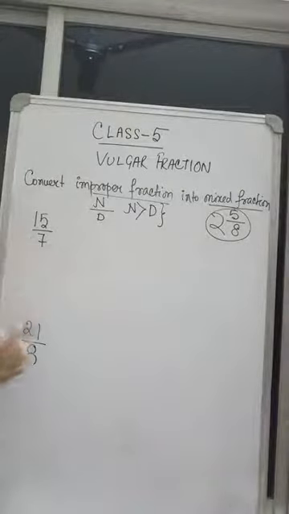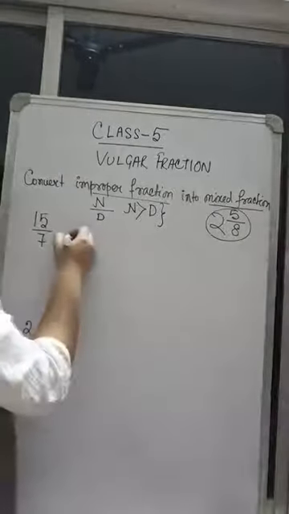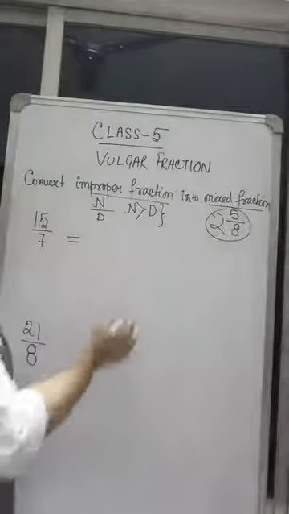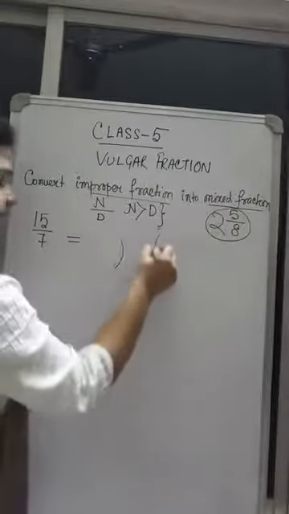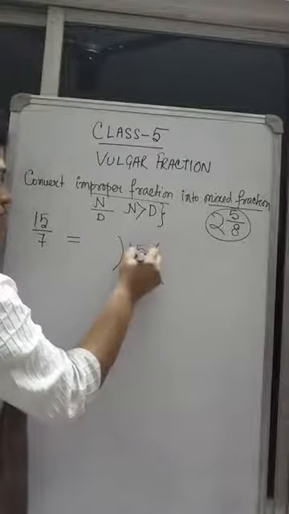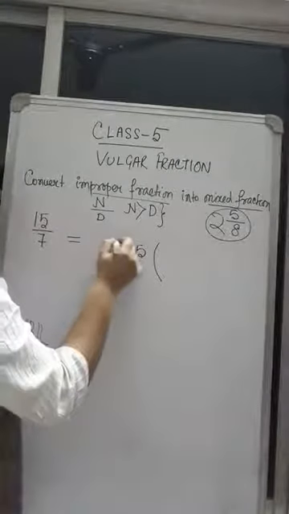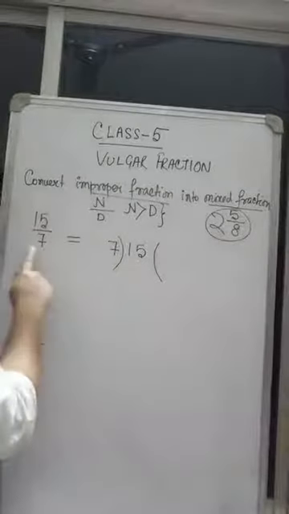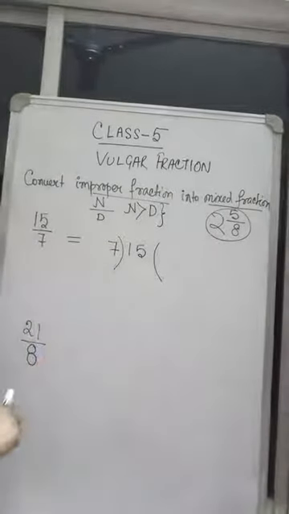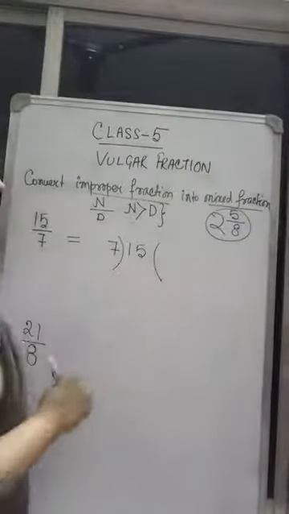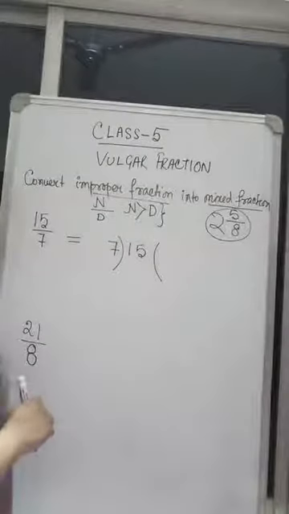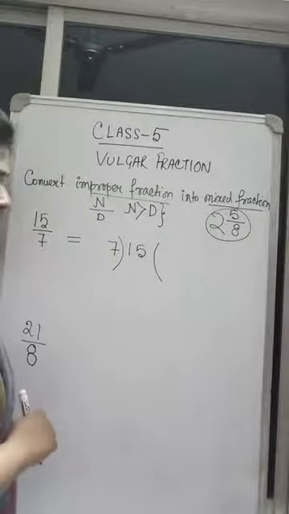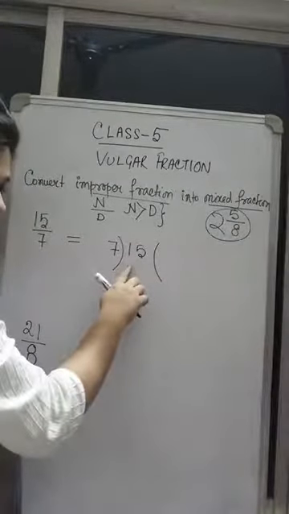So 15 by 7 is an improper fraction. How do we convert it into a mixed fraction? Now see, we divide the numerator, that is 15, with the denominator. Now 7 into how much gives you the nearest number? 7 ones are 7, 7 twos are 14, 7 threes are 21.